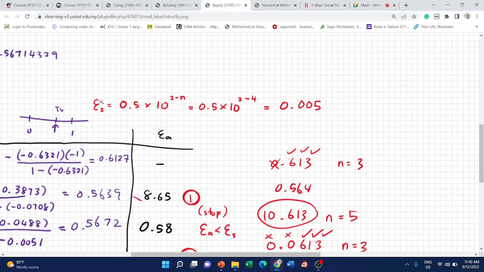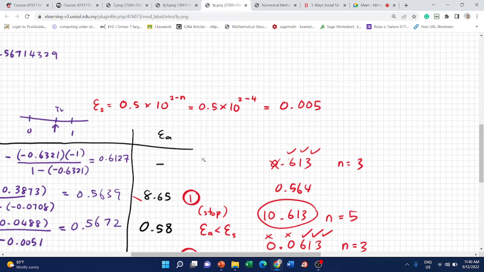Okay, so this one, general formula, I have introduced this estimated error during our first class on this chapter. Right. 0.5 times 10 to the power 2 minus n. n is the number of significant figures, not decimal places. Okay, please be careful.